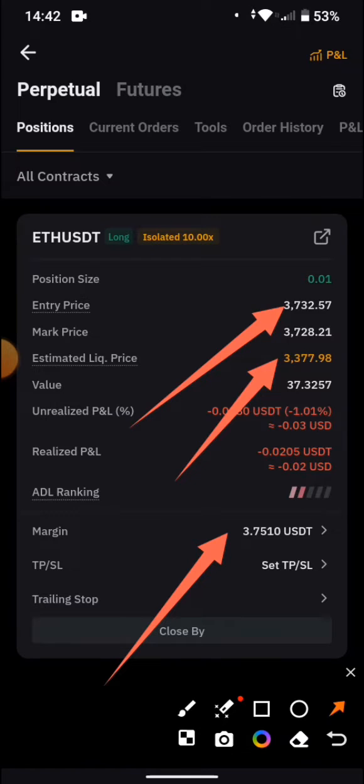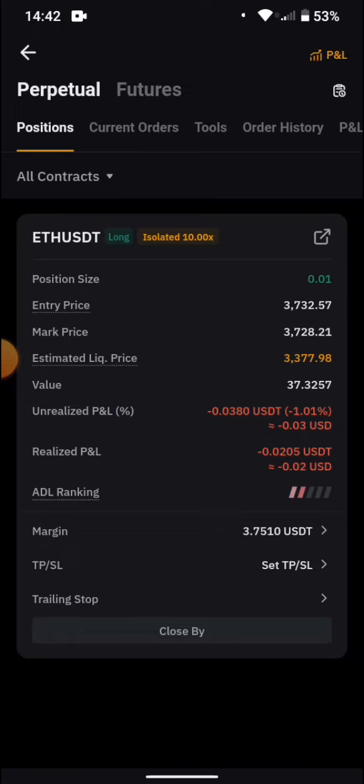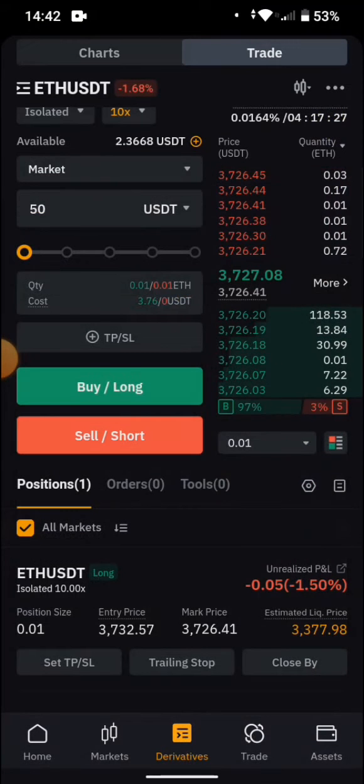You are going to lose this your 3.75 USDT. You are going to lose that if you are using isolated. Okay, this is what is going to happen.